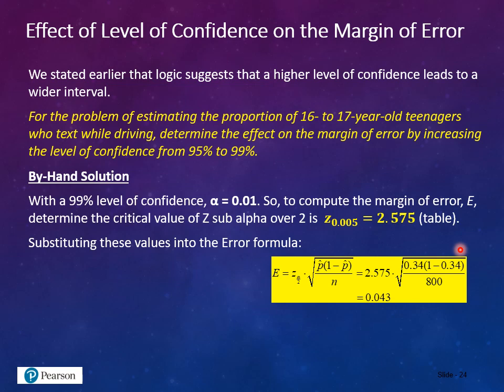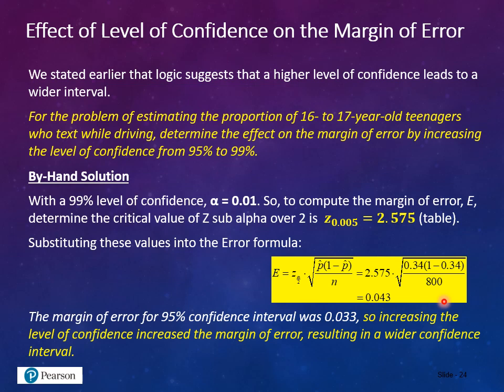Substituting these values into the error formula of the critical value times the square root of p hat times 1 minus p hat over n. Remember, p hat from the last example was 0.34. That was the proportion of the sample. Okay, and so we get an error rate of 0.043. Since the margin of error for the 95% confidence interval was 0.033, we can see that increasing the level of confidence increased the margin of error, resulting in a wider confidence interval.